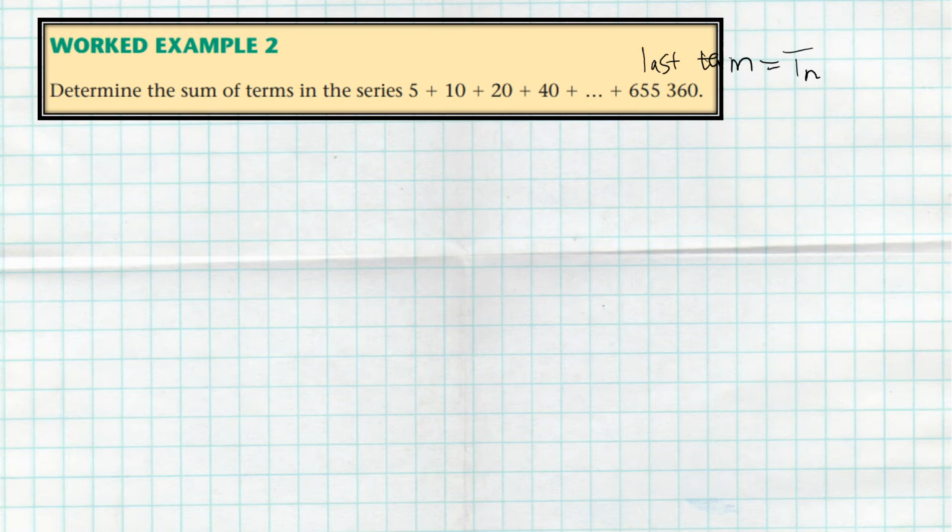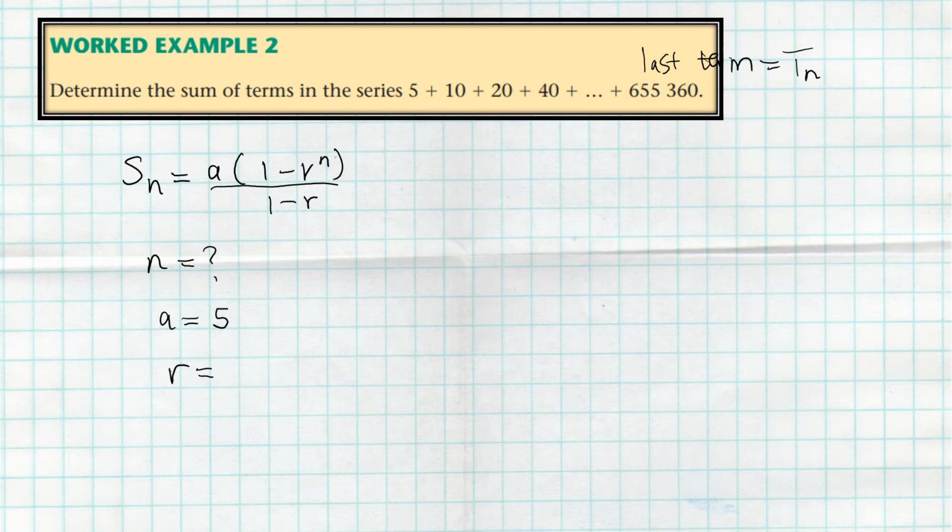So what's the formula of the sum? It says Sn equals A into 1 minus R exponent n over 1 minus R. We must have n, we must have A, which is our first term, which we can see is 5. We must have the common ratio, which we can get by saying the following term divided by the previous term.